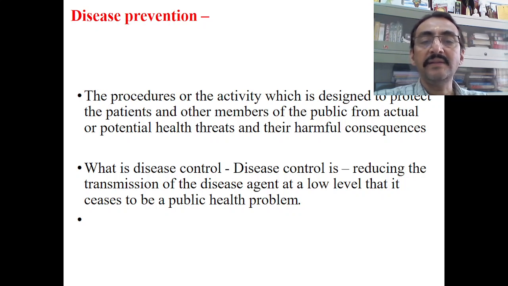The transmission of the disease-causing agent has to be broken somewhere. The chain has to be broken at a low level so that it should not cause any public health problem in future. Therefore we want to control it in the beginning itself by stopping its spread. That means we are breaking the chain of transmission.